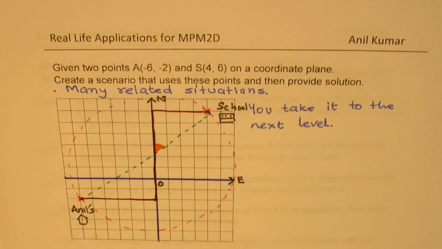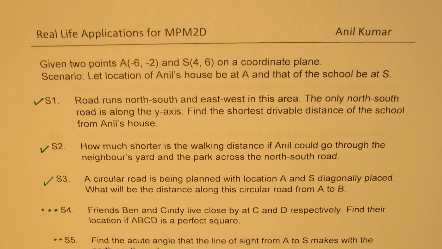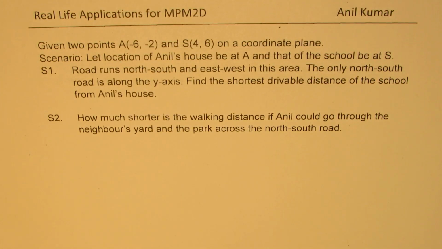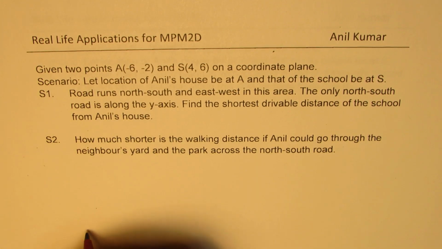Now let us see how to solve these questions in different ways. The very first question is very simple, which is finding the distance. So let me just sketch and then we'll figure this out.